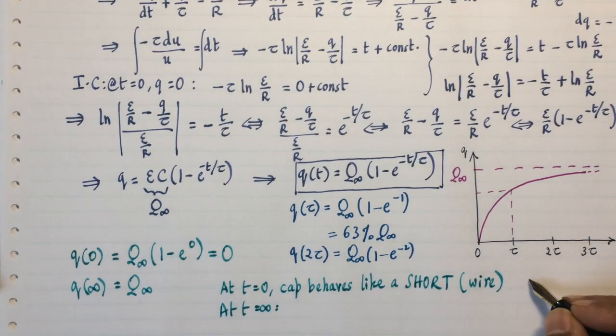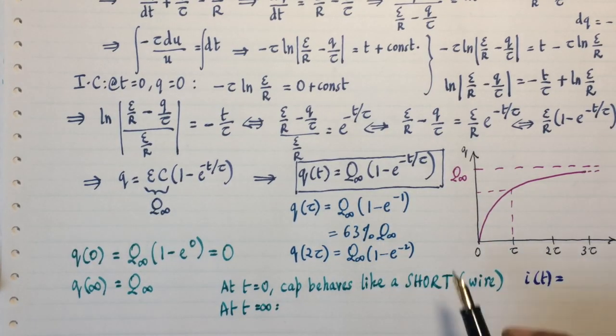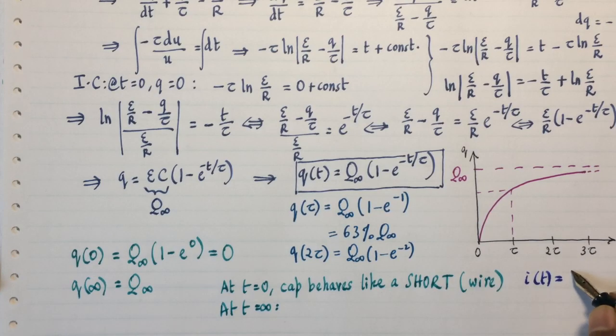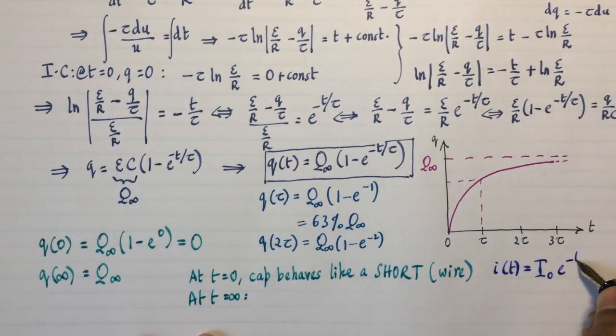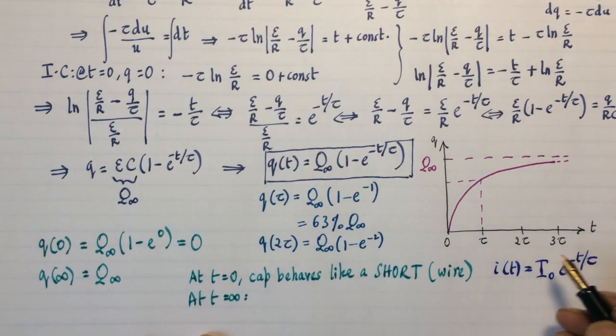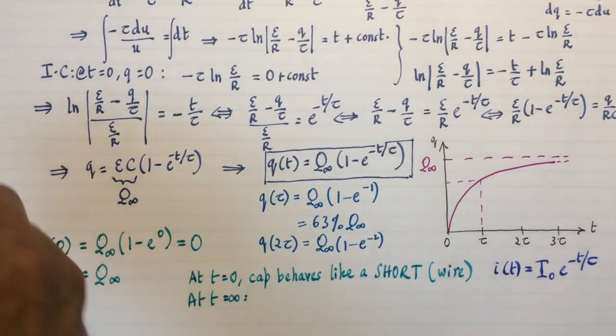And at t equal to infinity, actually this is probably worth telling you, even though I'm not going to show you, the current in the circuit, even though the charge is building up, the current in the circuit is decaying. It's the initial current times e to the minus t over tau. And that makes sense because as the capacitor keeps getting charged, the current is going to have less and less reason to exist. So at t equal to infinity, the current will no longer flow. So how does the cap behave here?